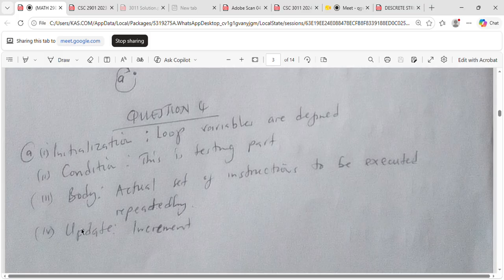Then the update to increment. This update is the one which makes a loop at some point terminate. If there is no update, then the loop will keep on going and going. That's quite important to establish.